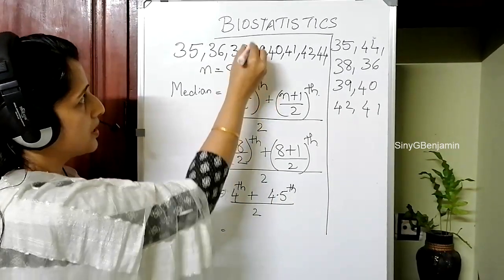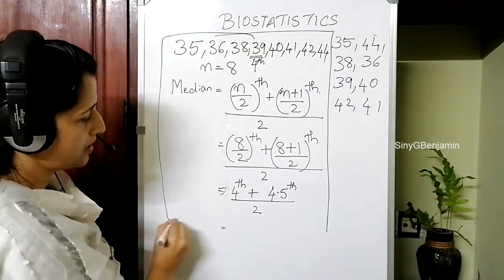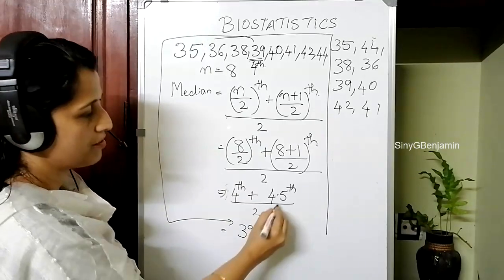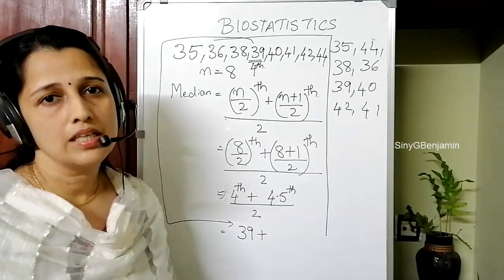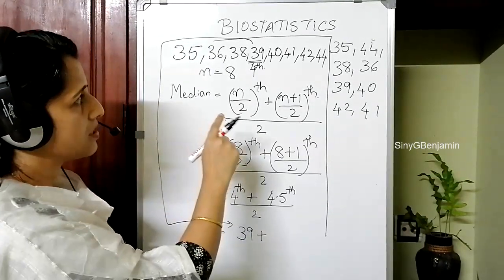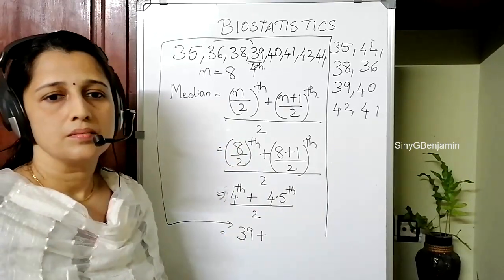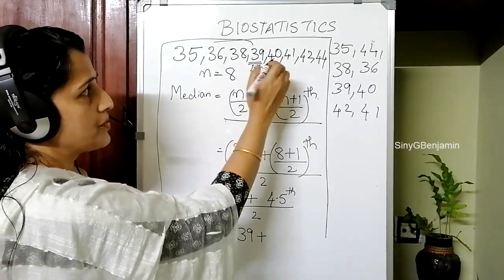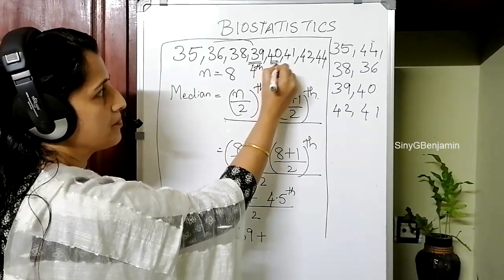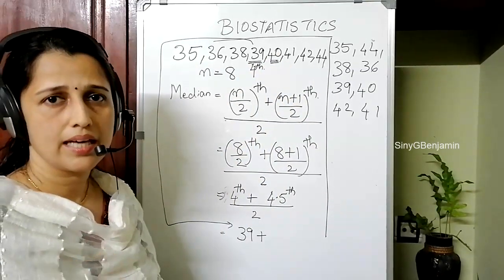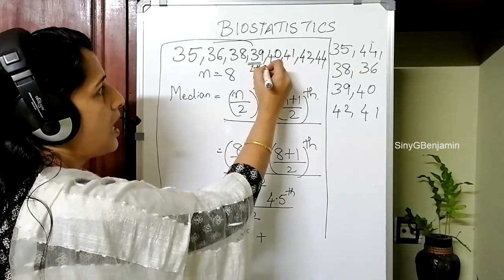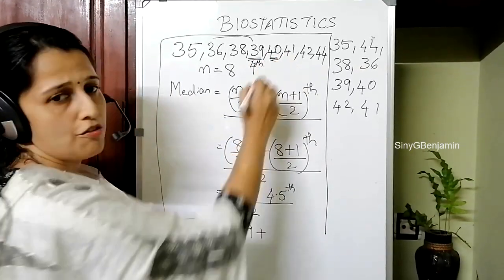So we are substituting this 39 here. 39 plus 4.5 item. That means which is coming between the 4th and 5th, after the 4th. So it is 40.